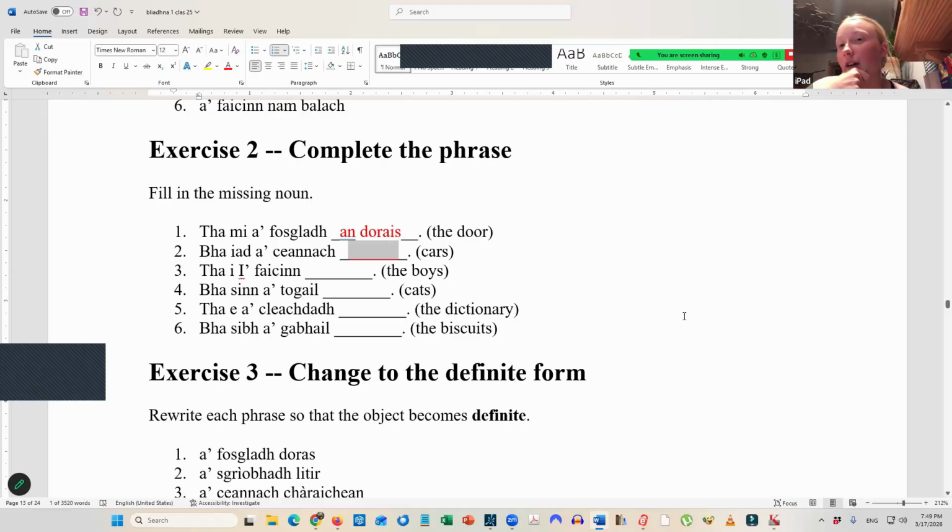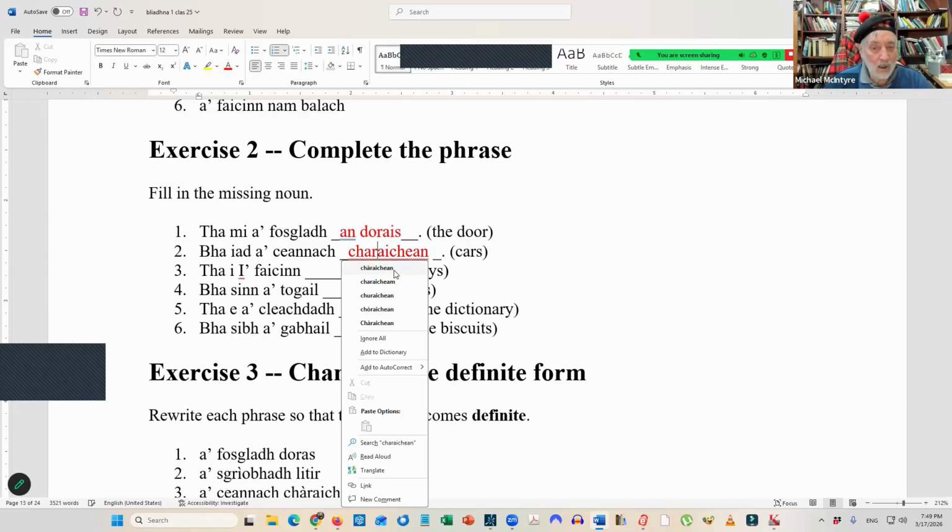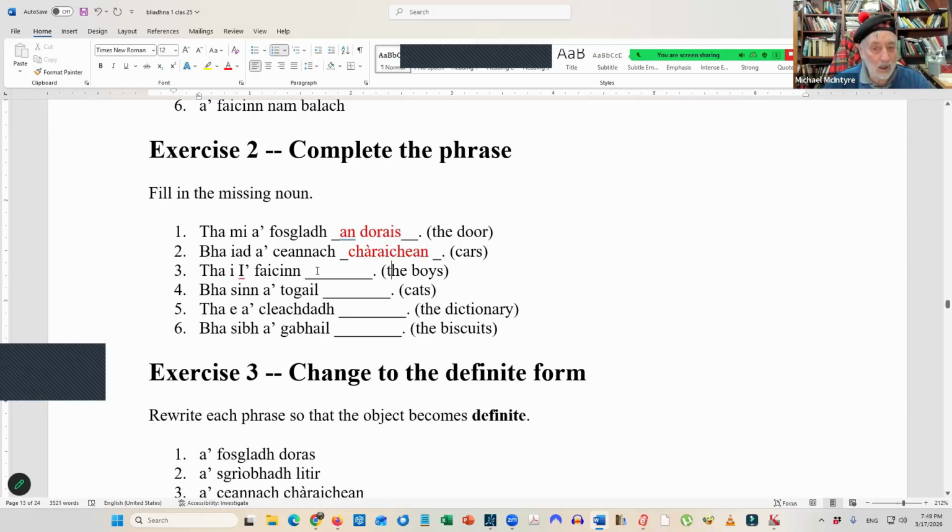Remember? Karakan. And Karakan. Okay, I-E, affection, the boys.